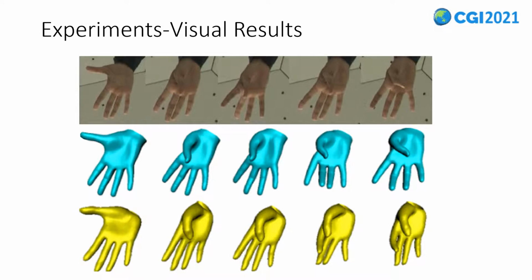To show the stability of our approach, we applied it to reconstruct the sequence frame by frame. A total of 100 frames are reconstructed, and we also compare it with FrankMocap. The top row shows some images of the video. The middle row shows the corresponding results reconstructed by our approach, and the bottom row shows the results by FrankMocap.